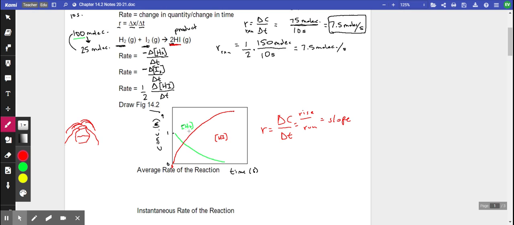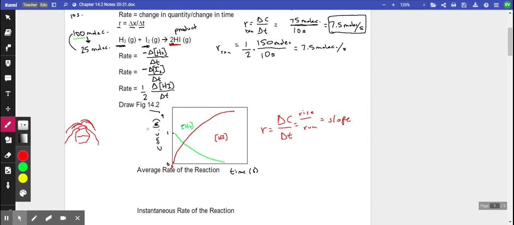So another way of looking at the rate, we just wrote out these equations, is the slope of this graph right here. And the average rate of the reaction, I'm getting this out of your book, the average rate of a reaction for a generic equation.